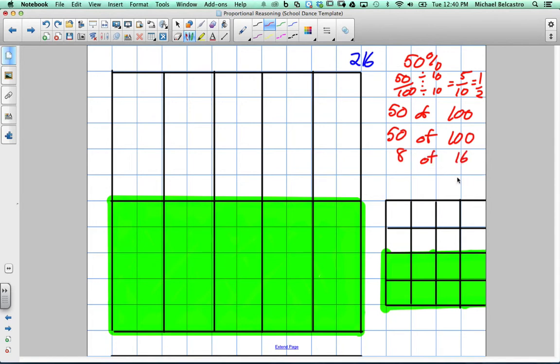So when we add all this together, that gives us our 216. And if we add all these together, 50, 50, and 8, you can use a calculator if you need to. That means 108 students. So that would say 108 students bought tickets at the door for the dance who are in grade 9. Okay?